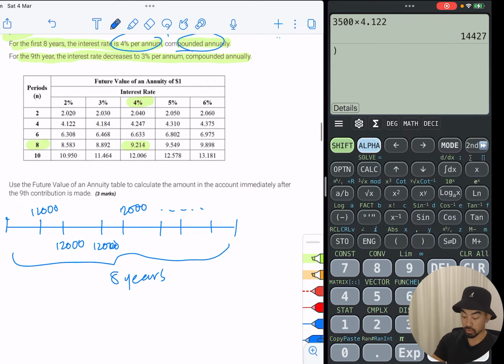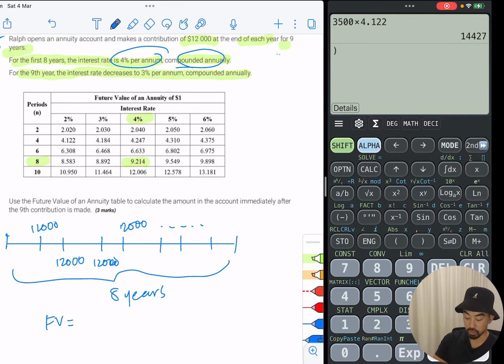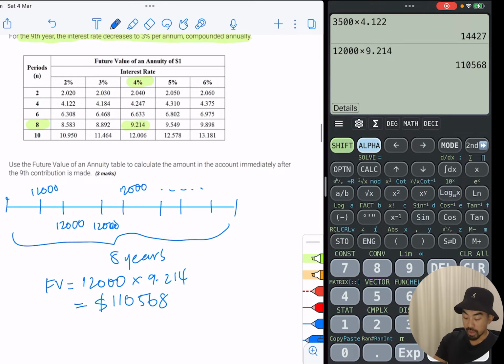So his future value at 8 years is going to be 12,000, that's his contribution, times 9.214. So that's going to be 110,568. Okay, so that's how much he has after 8 years.